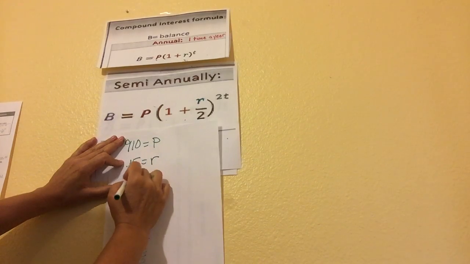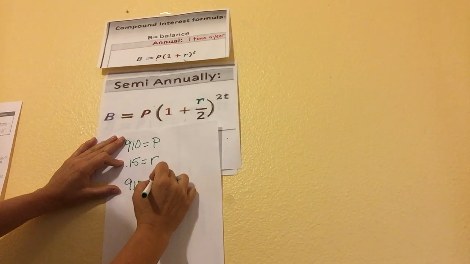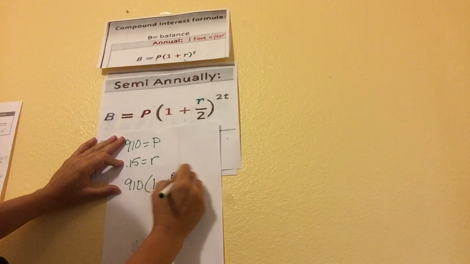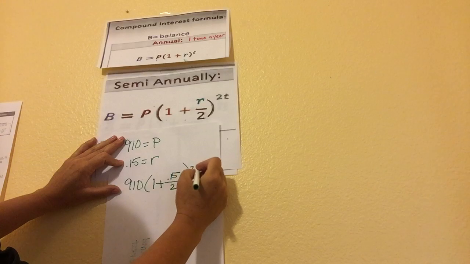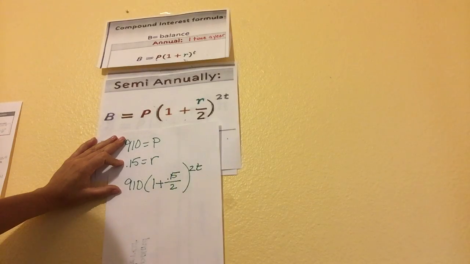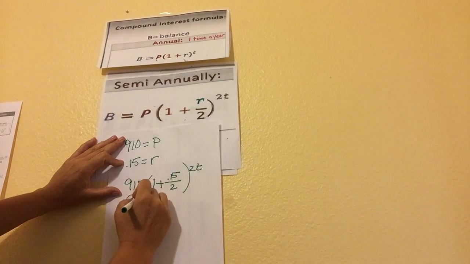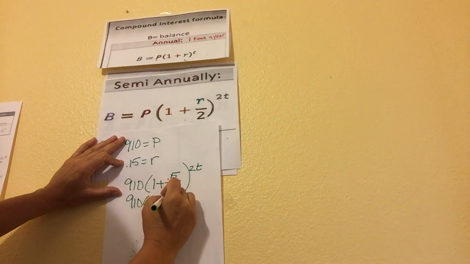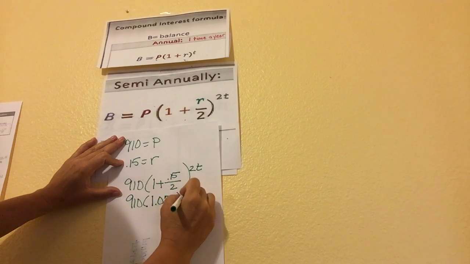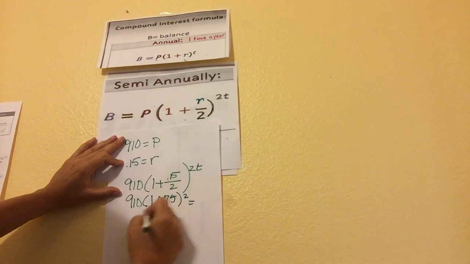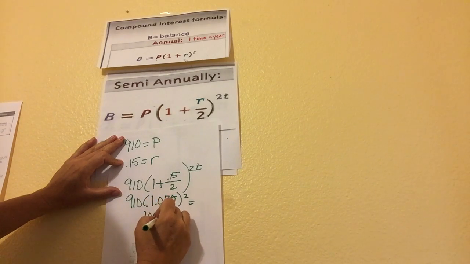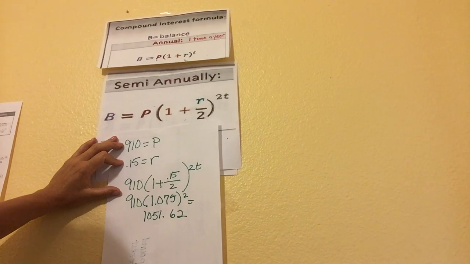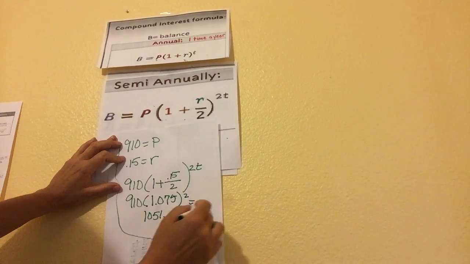So we have 910, 1 plus R, over 2, t. So 910 and then 1.0752 equals 1051.62. Okay? So that's it for that.